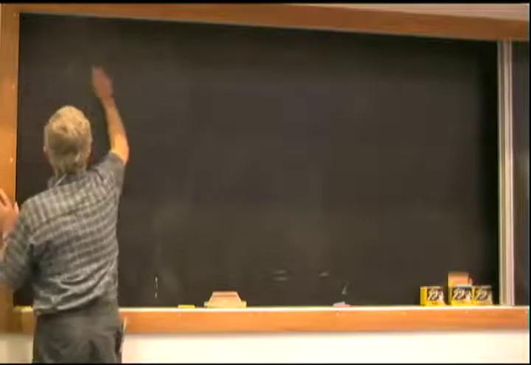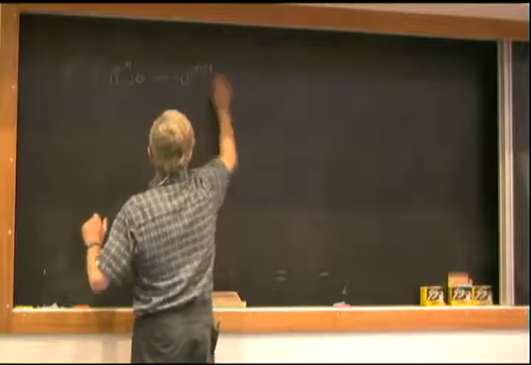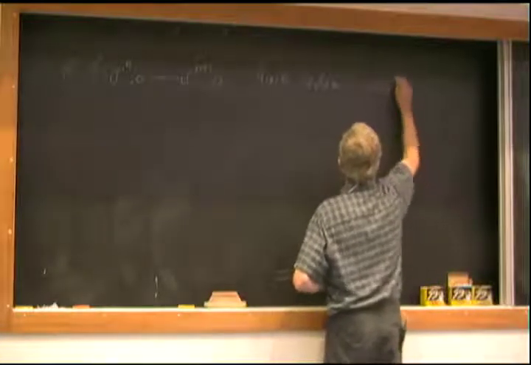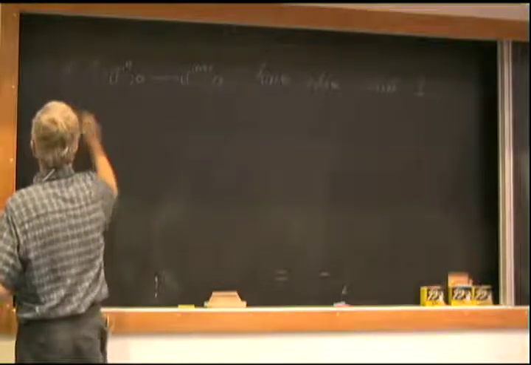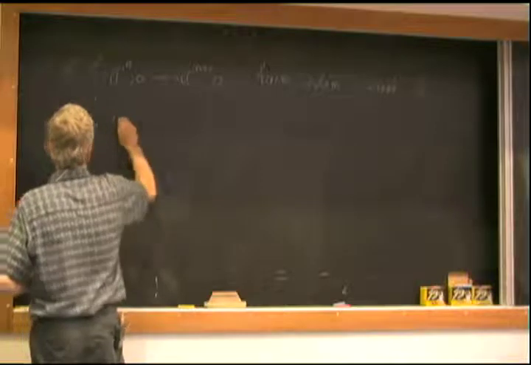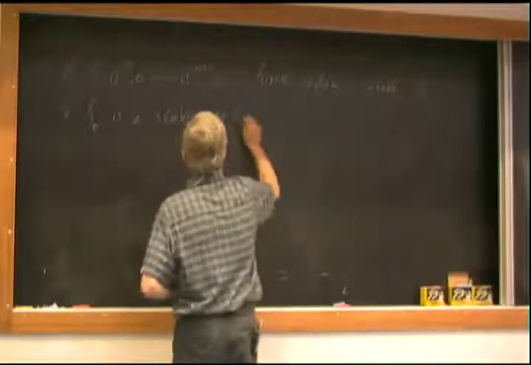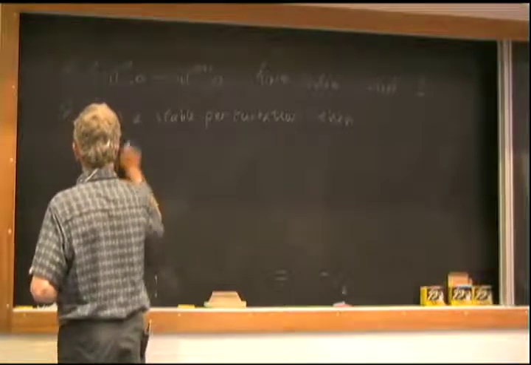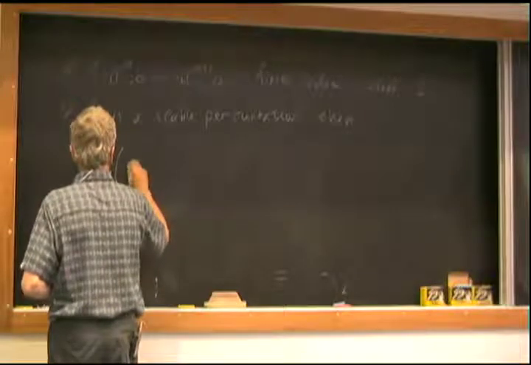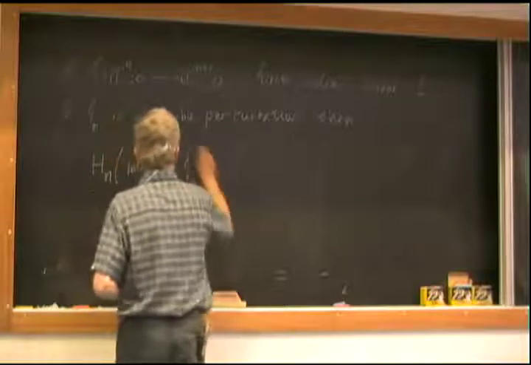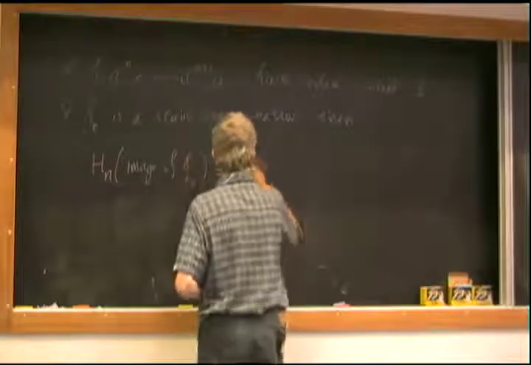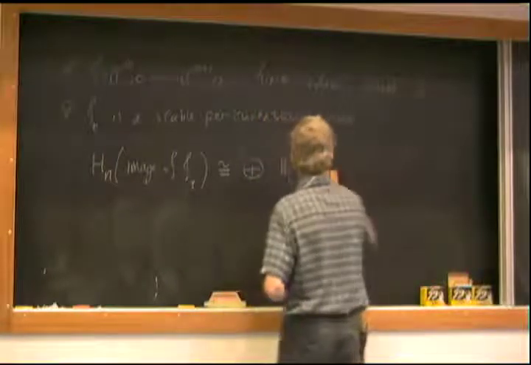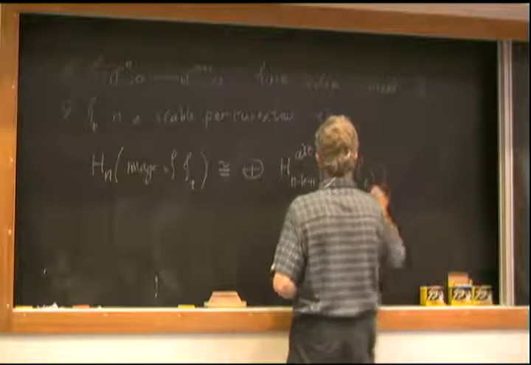If f from C^n, 0 to C^(n+1), 0 is finite codim, co-rank 1, and f_t is a stable perturbation, then H_n of the image of f_t is isomorphic to the direct sum of the alternating parts H^alt_(n-k+1) of D^k of f_t.